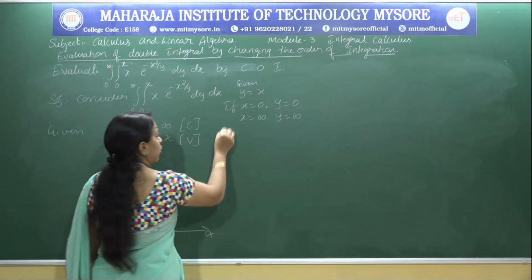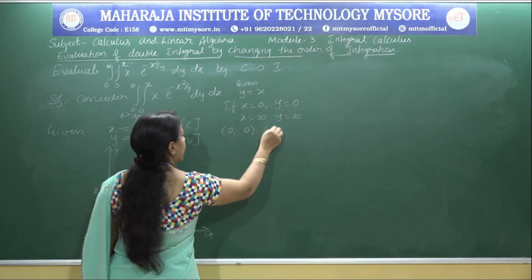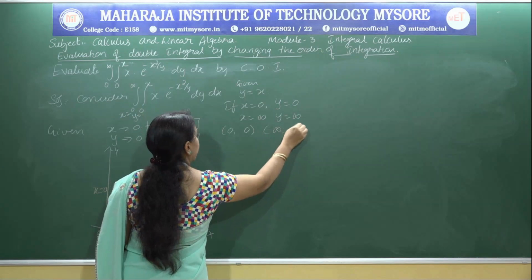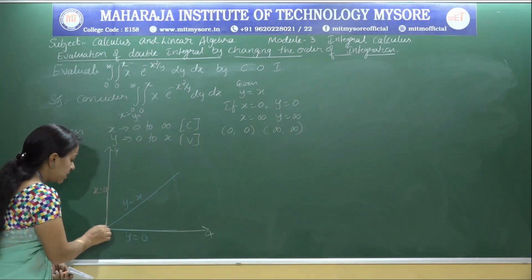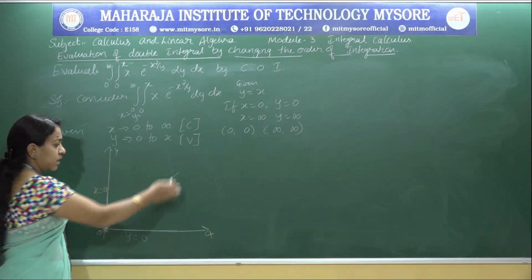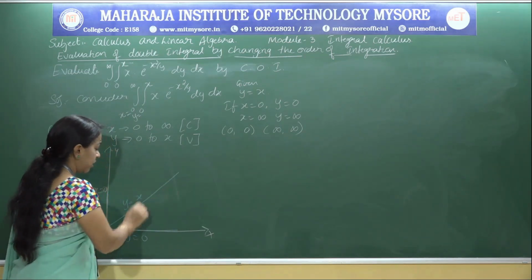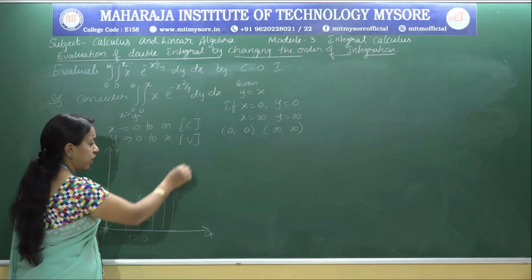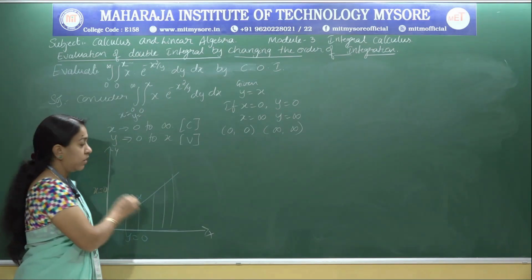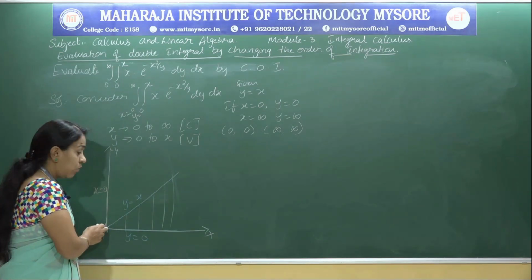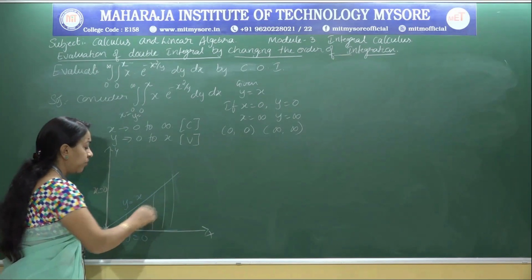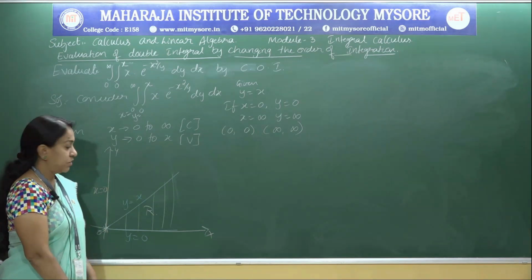So the points are (0, 0) and (infinity, infinity). So the point of intersection is (0, 0) here, and x equal to infinity we have to write somewhere here, right? x equal to 1, 2, 3 etc., somewhere x equal to infinity. So the point of intersection will be somewhere. So the bounded region is this one. This is our bounded region.